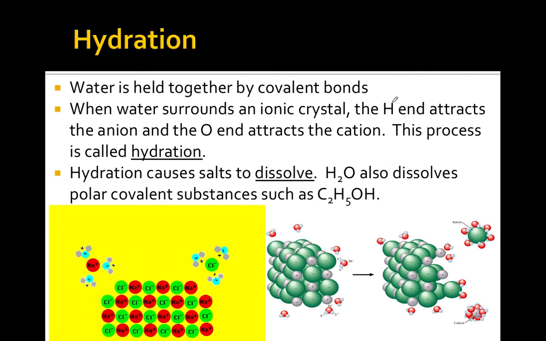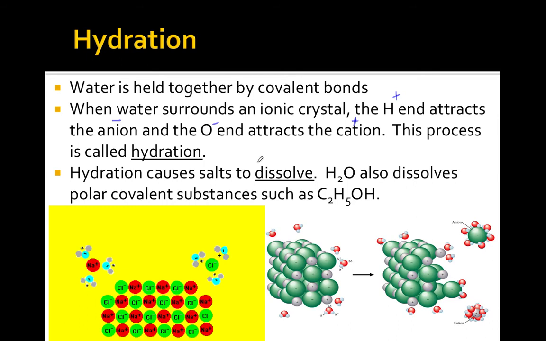So that hydrogen end is going to have that partially positive charge, and it's going to attract to the anion, which is the negative ion. And the oxygen end, which is the negative end of water, attracts to the cation, the positive charged ion. And this whole process is called hydration. Hydration is what causes salts to dissolve.